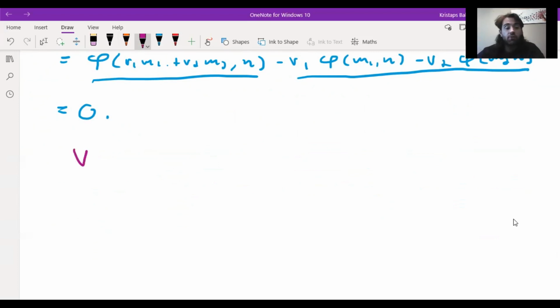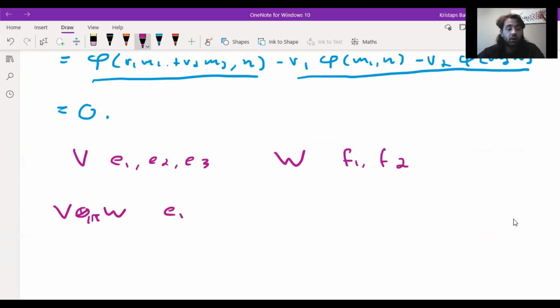But this does recover, say, if we had a real vector space V with a basis E1, E2, and E3, and a vector space W with a basis F1 and F2, then the basis of V tensored with W over R would be E1 tensor F1, E2 tensor F2, and so on and so forth.